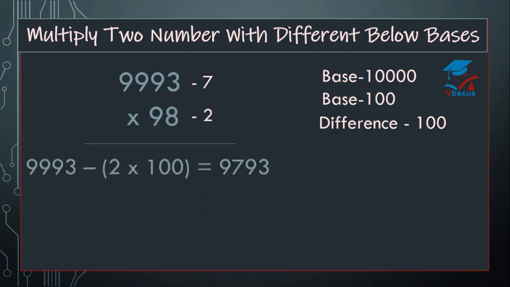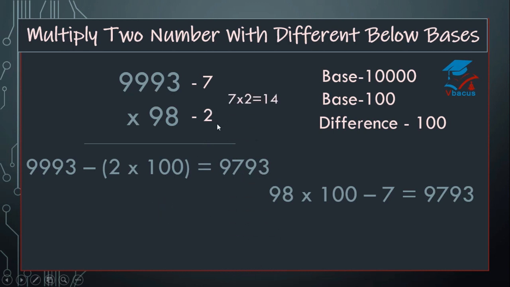If we take 9,993 minus 2 times the difference of bases, that is 200, if you subtract, you will get 9,793. Or we can multiply 98 times 100 and subtract 7. Again, you will get 9,793.